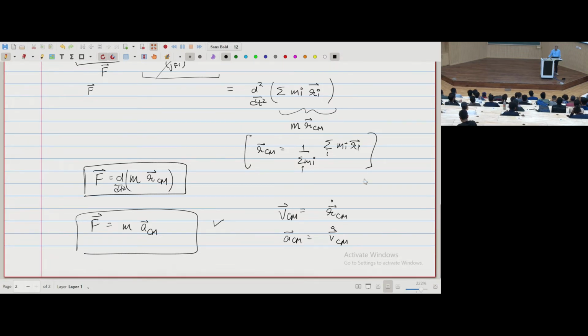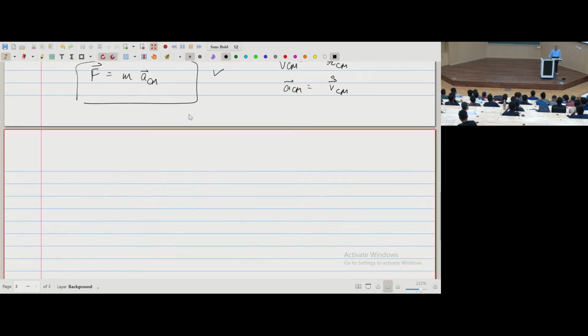Let's do a quick recap problem. So we have two particles, A and B, of masses m and 2m respectively, separated by a distance d. A has some positive charge and B has some negative charge.